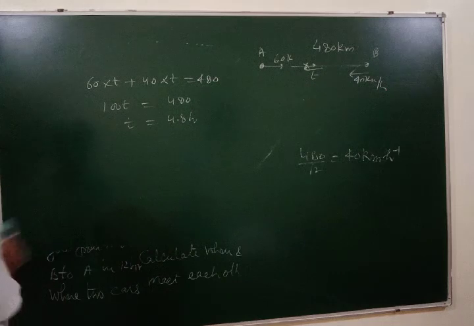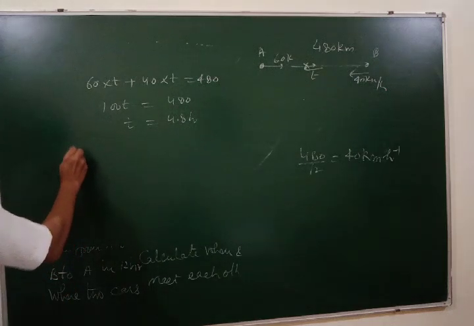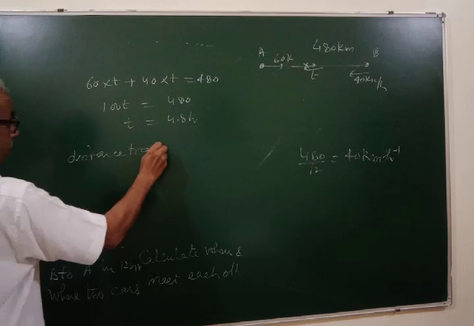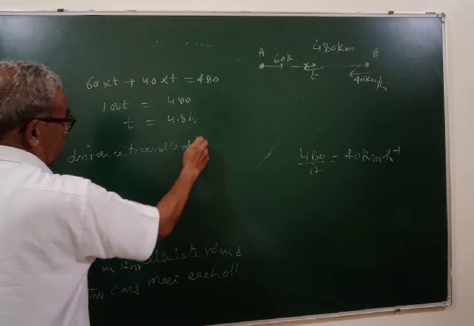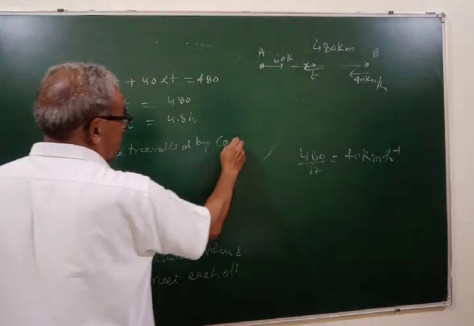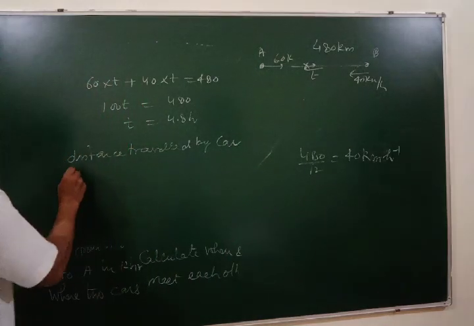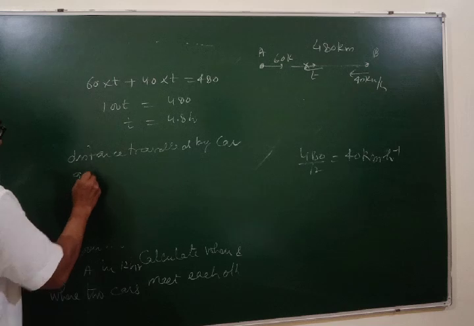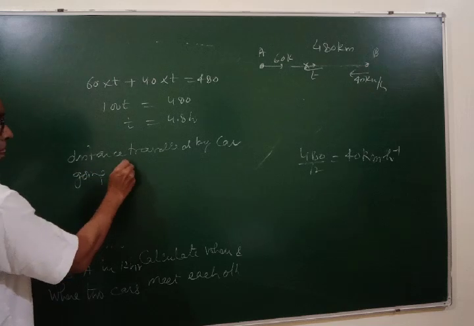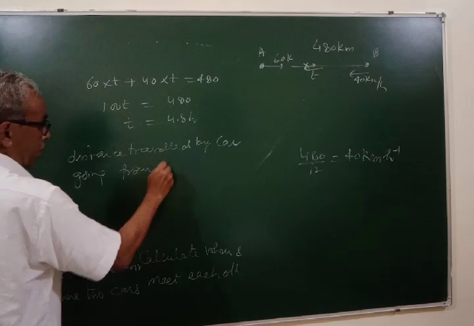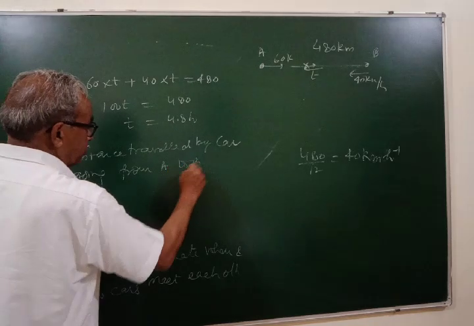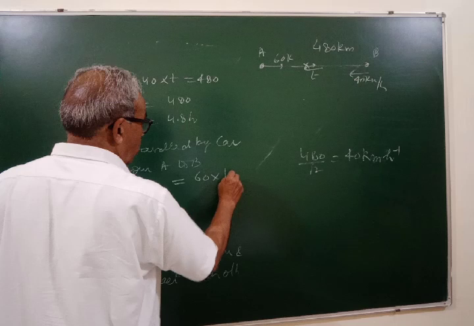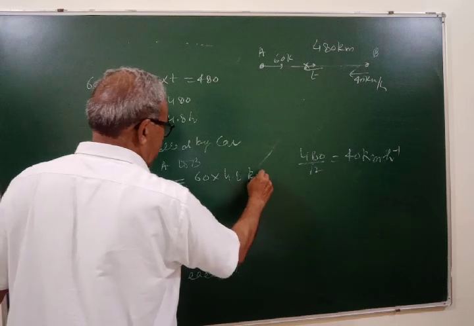Now the distance traveled by the car going from A to B equals 60 into 4.8 kilometer.